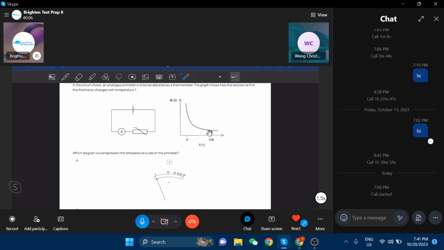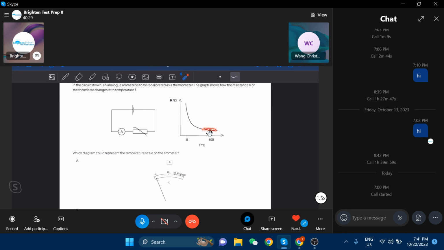So in other words, like you said, when the temperature is high, the resistance is low. And when the temperature is low, the resistance is high. And it's not linear, of course, otherwise it would be even. So this one is quite steep, right?